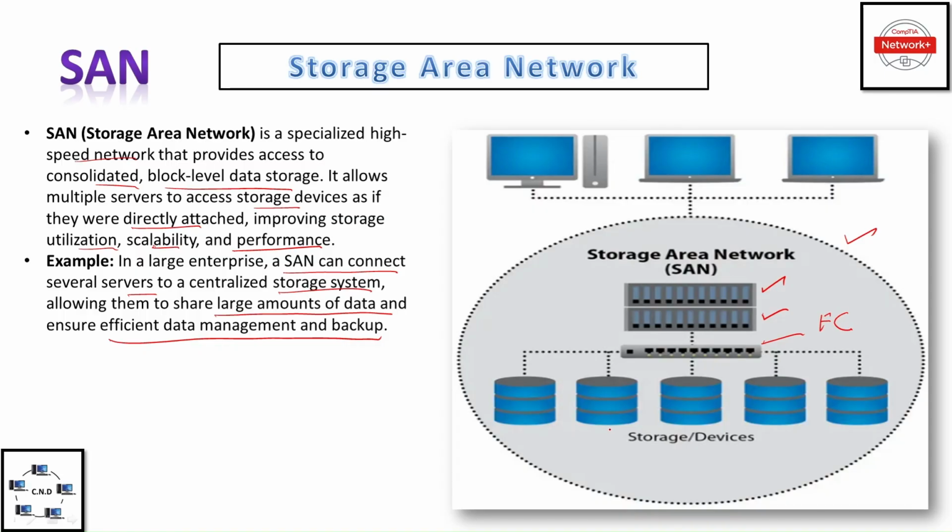These are the controllers, this is the FC switch, and these are the storage devices or disks, also known as storage or tape libraries. They all work over the FC protocol, and these connections may be 16G or 32G high-speed connections.